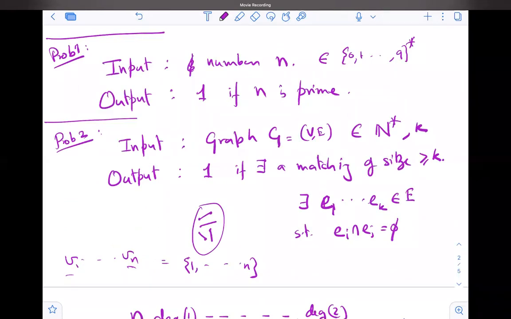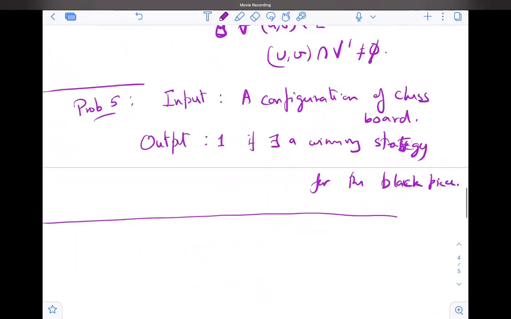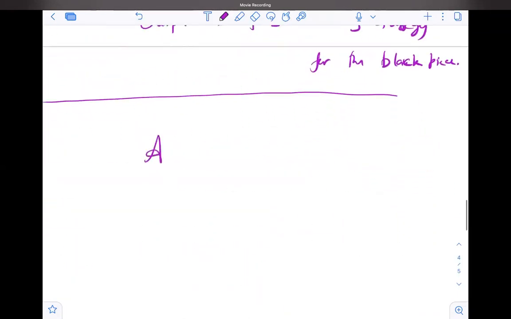So given any instance, can you solve it? And that is what an algorithm is: an algorithm A that will take in an input instance I and will output the correct answer.